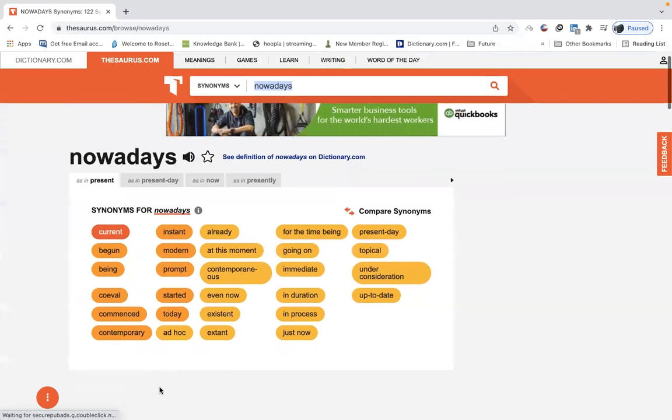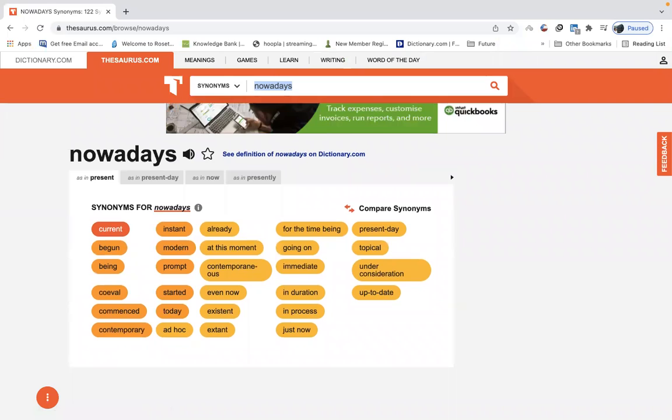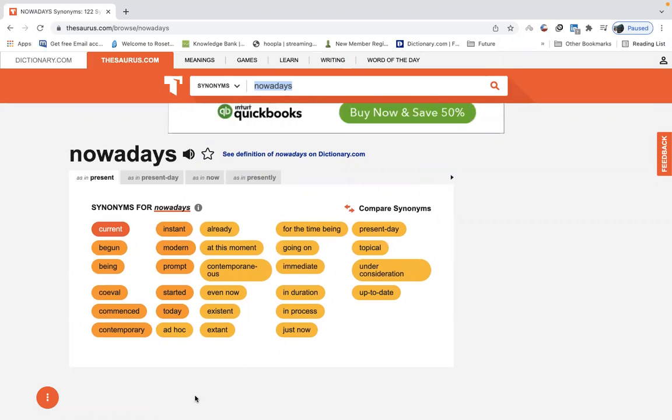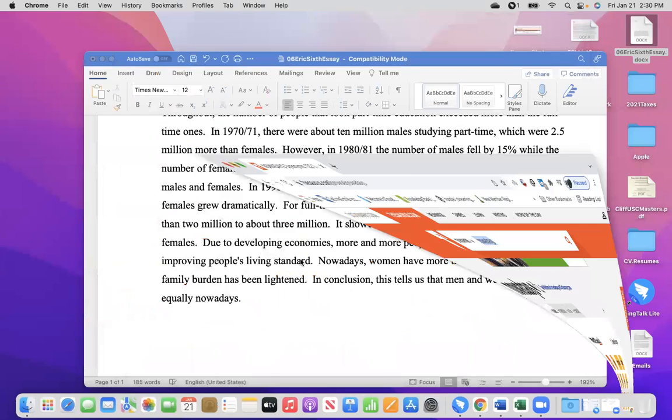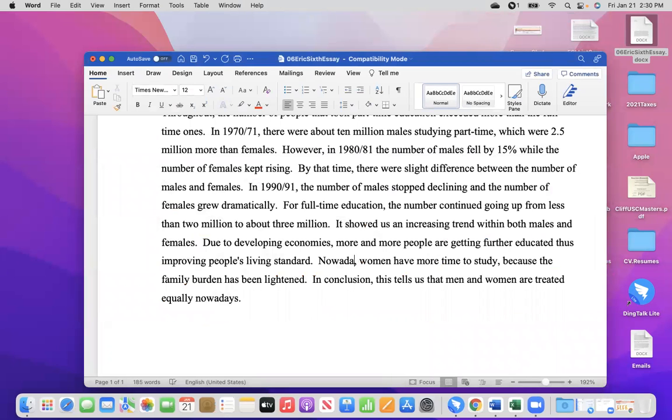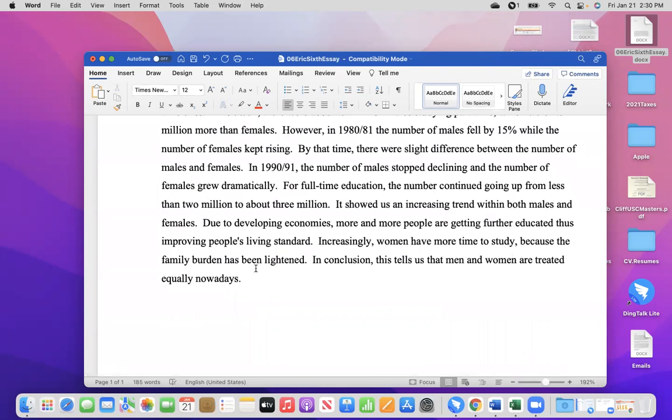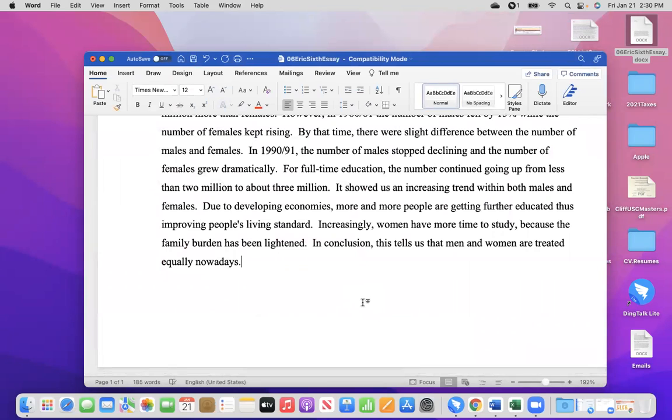So these are some of the words: current, begun, being, coeval, commence, contemporary, instant, modern, prompt, started, today. How about currently? Yeah, that works. Or you can also do increasingly. Increasingly, women have more time to study because the family burden has been lightened. In conclusion, this tells us that men and women are treated more equally nowadays.